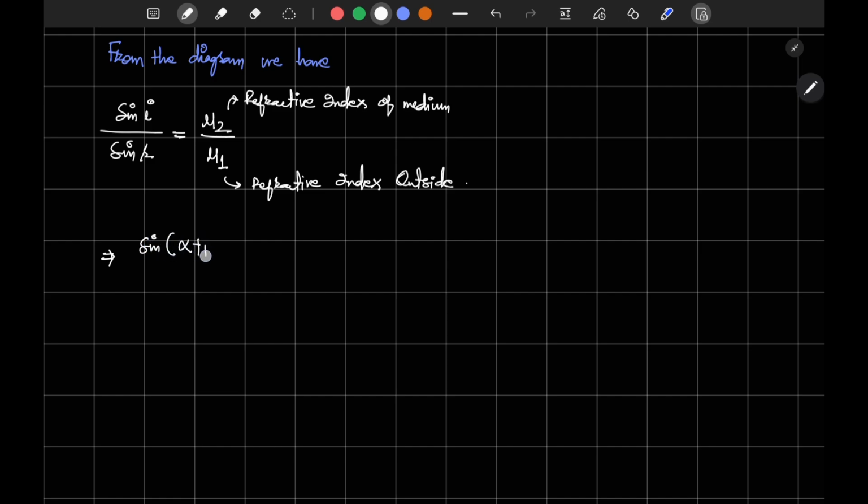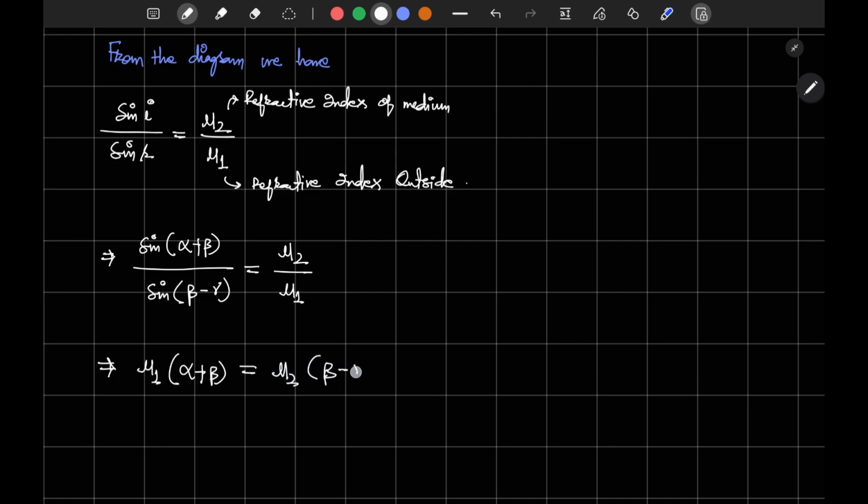So let's substitute the value, and similarly R was also calculated, that was beta minus gamma, and let's put the values. We also know that for small angles, sine of alpha plus beta can be written only as alpha plus beta, and sine of beta minus gamma can also be written as only beta minus gamma. On cross multiplication, we have mu1 into alpha plus beta is equal to mu2 into beta minus gamma.